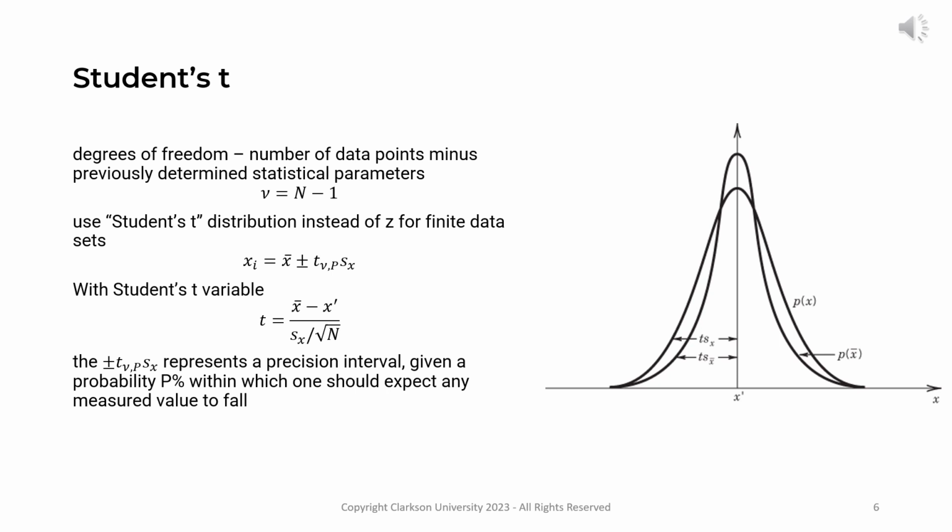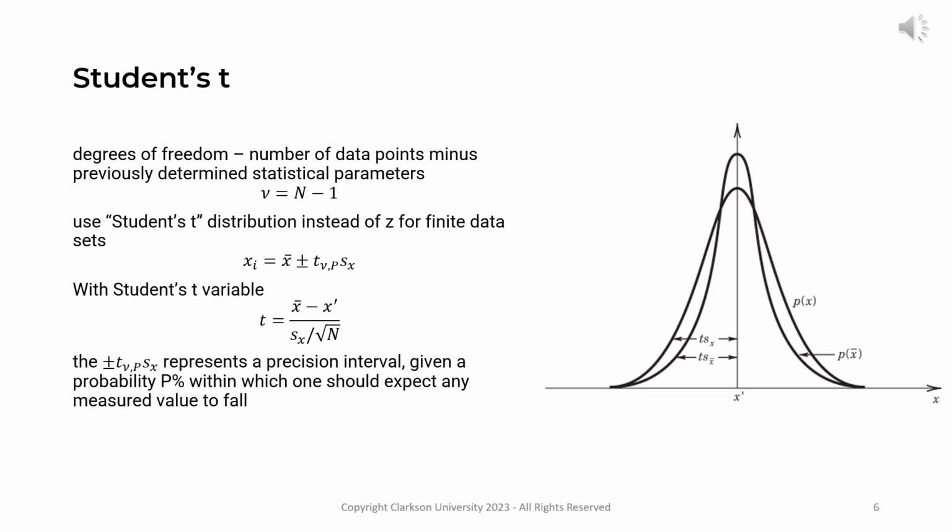For a normal distribution of x about some sample mean value x bar, we can state that statistically x i equals x bar plus or minus t times S of x, with some probability p%, where the value t provides a coverage factor used for finite data sets which replaces the variable z.